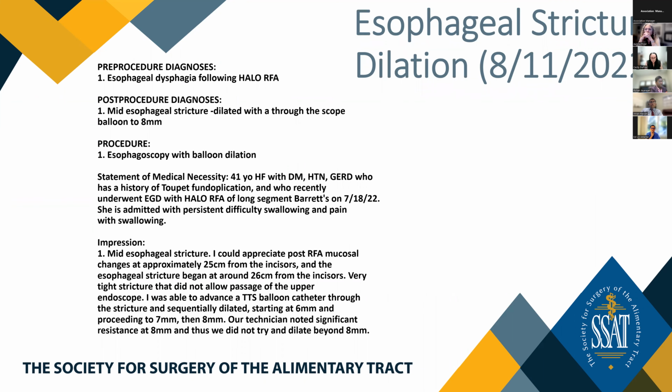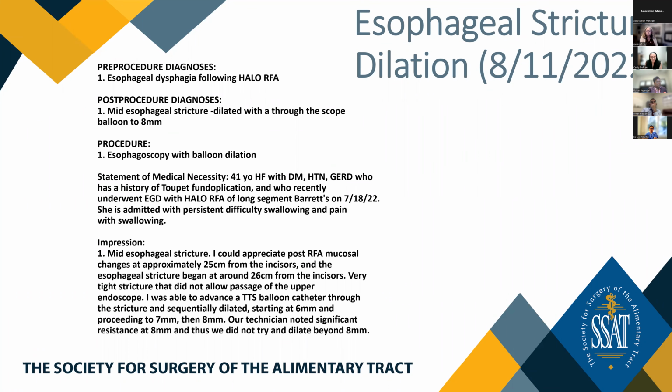So back to the patient, she had her Halo RFA, but then developed some dysphagia following her RFA. An EGD was performed that showed a mid-esophageal stricture that was reportedly very tight and didn't allow passage of the endoscope, but it did allow passage of a dilation balloon, which was then used to sequentially dilate the stricture up to 8 millimeters, at which point it was terminated because they noted significant resistance at the 8 millimeter mark.